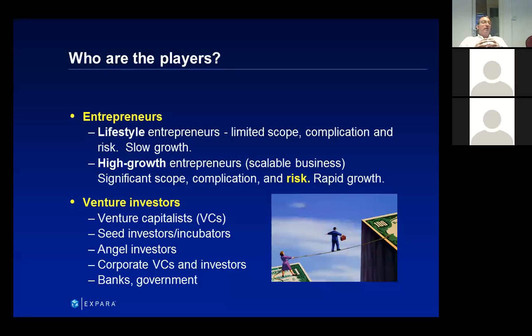A venture capital investor is somebody investing other people's money. Now, venture capital investors may have some of their own money in the fund. Angel investors may sometimes have angel funds that combine money from different angels, in which case they look more like VCs. But just for purposes of comparing these two types of investor, we'll say that the basic difference is angel investors are investing their own money and VCs are investing other people's money.